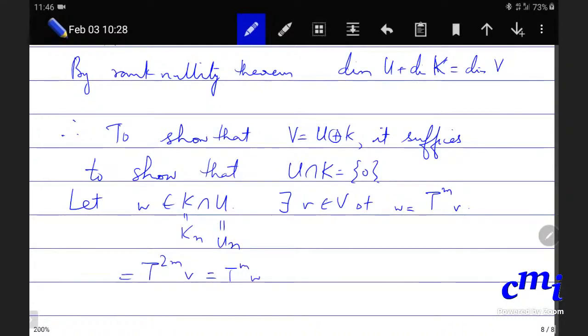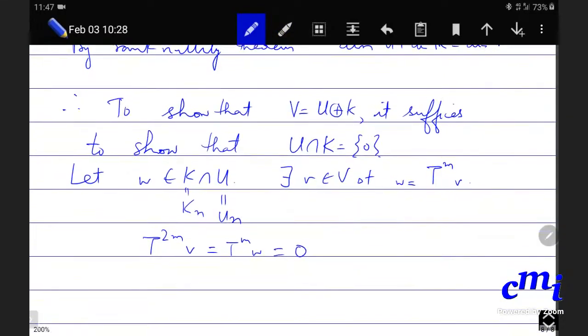This is 0, because w is in the kernel of T^m. In other words, therefore, v is inside K_{2m}. But this is the same thing as K_m. This implies now that T^m of v is 0. That is, w is 0.